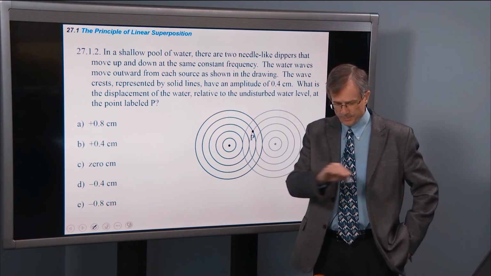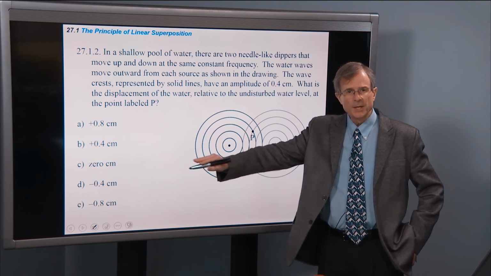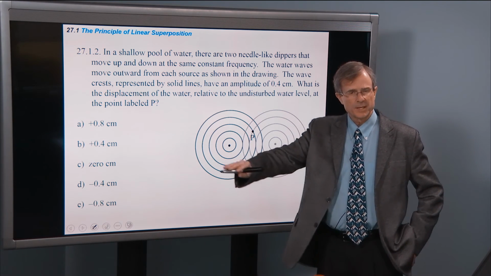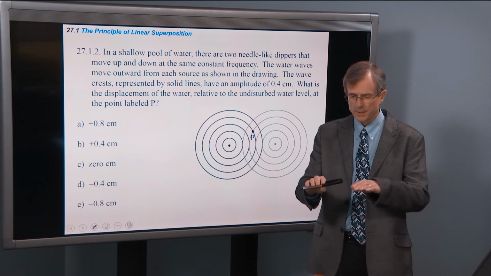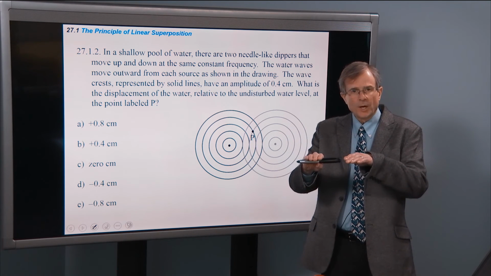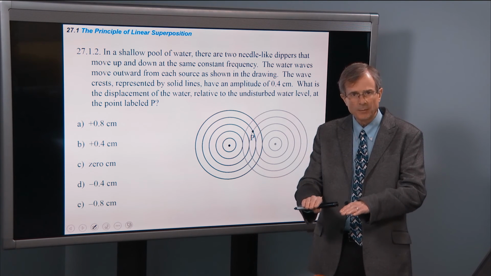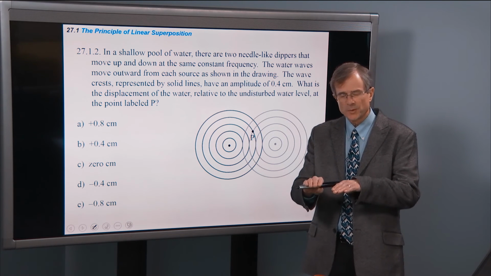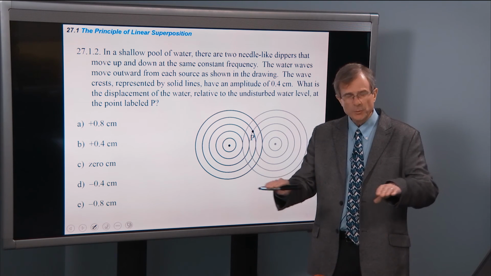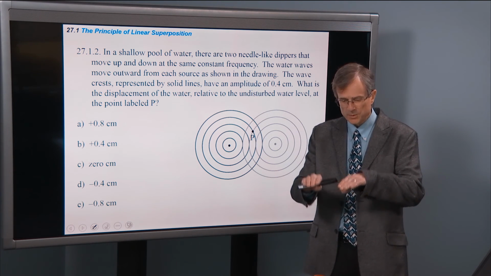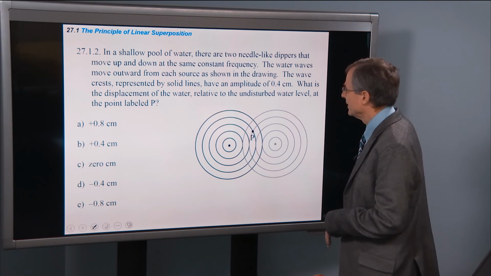It means that relative to the undisturbed water, the nice flat mirror water, the waves go up by 0.4 centimeters, and half a cycle later they go down below the surface by 0.4 centimeters. So the distance from the smooth case to the maximum is 0.4.